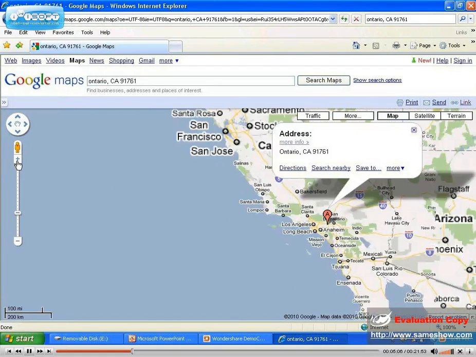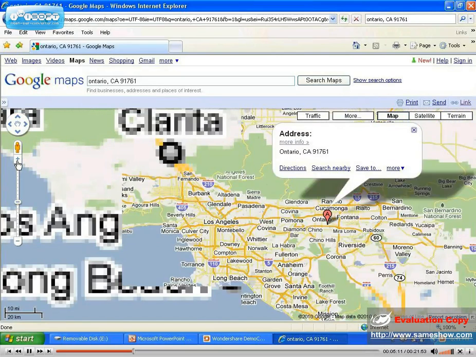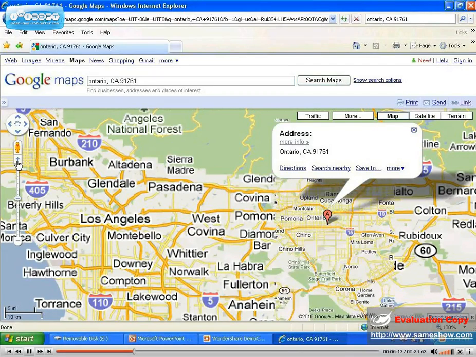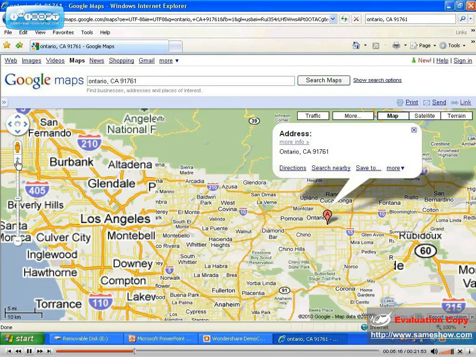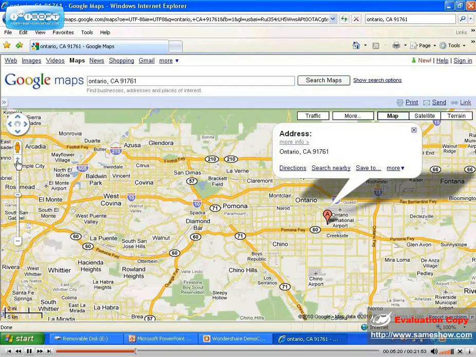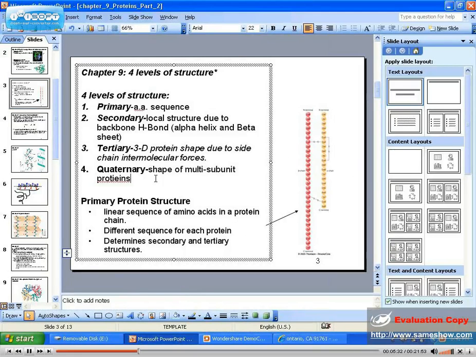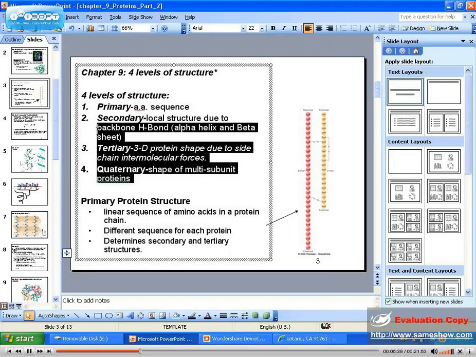If we continue to zoom in, then we'll start to see freeways, and continued zooming would result in us seeing residential streets. So, my point in this is if we go back to the PowerPoint slides, the 4 levels of structure, you can think of these as levels of zoom when we're examining and understanding proteins.